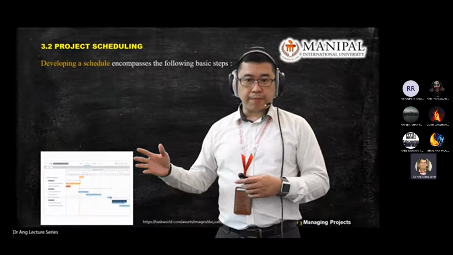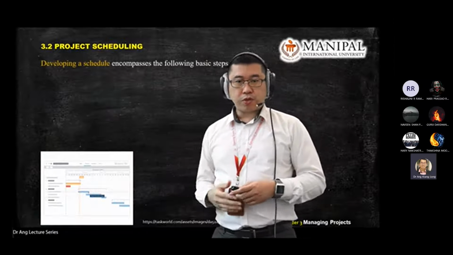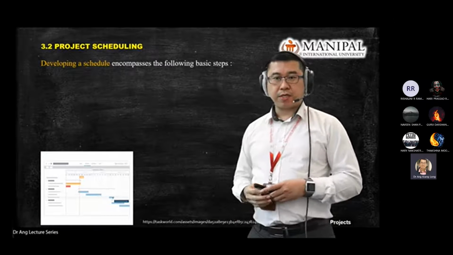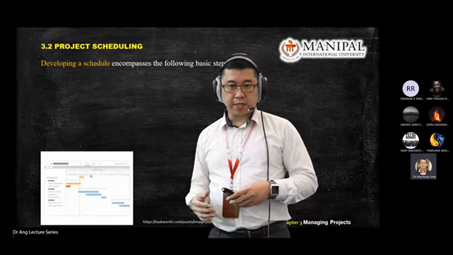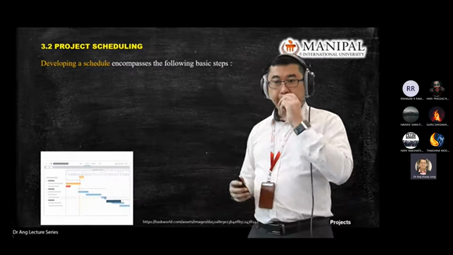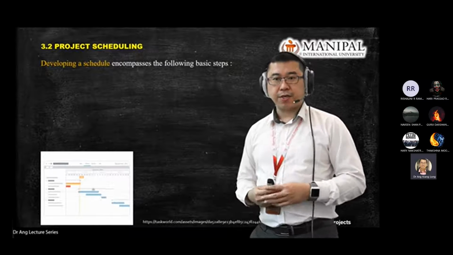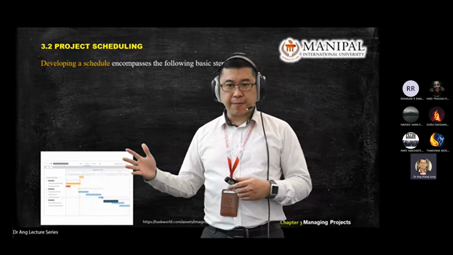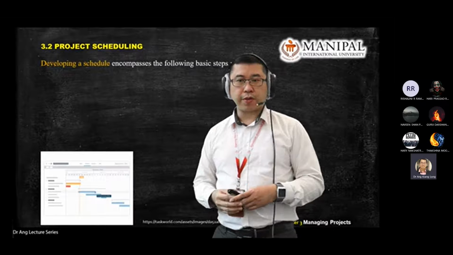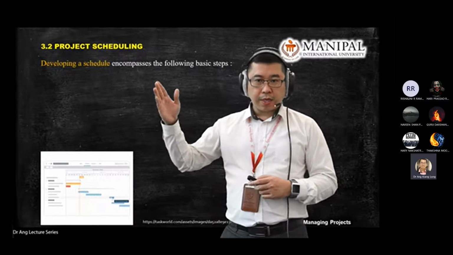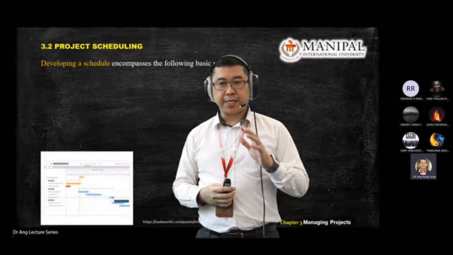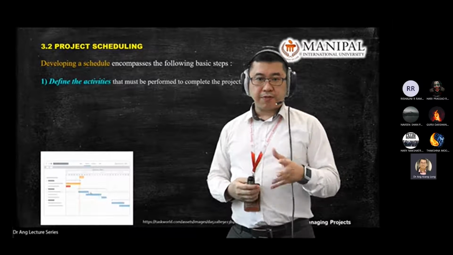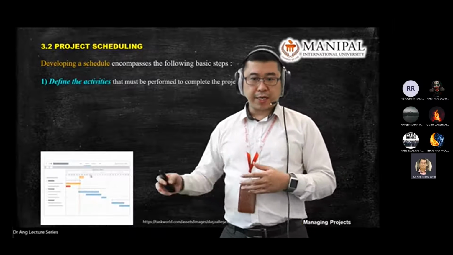One of the tools you can use is Microsoft Project to develop the schedule, right? Or you can just use normal Excel to do some planning for you. Okay, so developing a schedule has some basic steps. First, you define what you want in the activities.